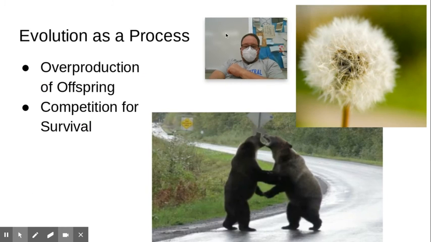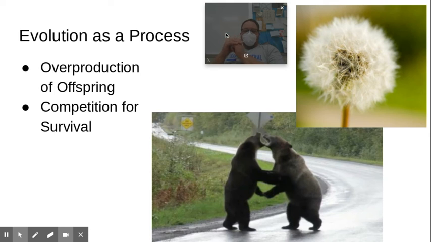All right. Here we're going to look at evolution as a process. What goes on to spur these changes in the population? Well, again, borrowing from Malthus, you have this idea of an overproduction of offspring. Think about in the spring where the little helicopters, those samaras, those seeds that get released from maple trees, you have huge numbers of these seeds that get released. Well, how many of them actually become full-blown trees?